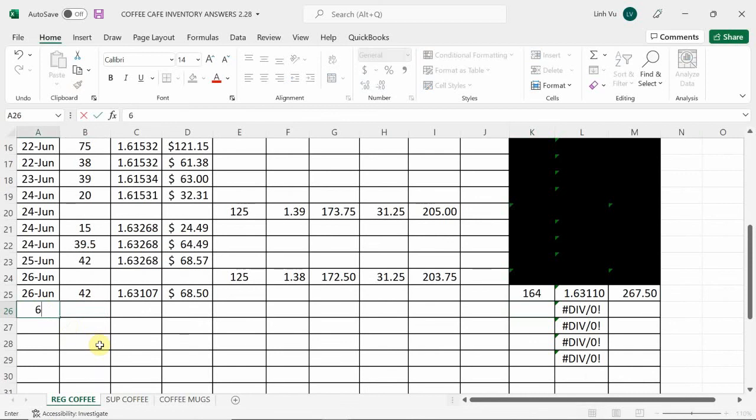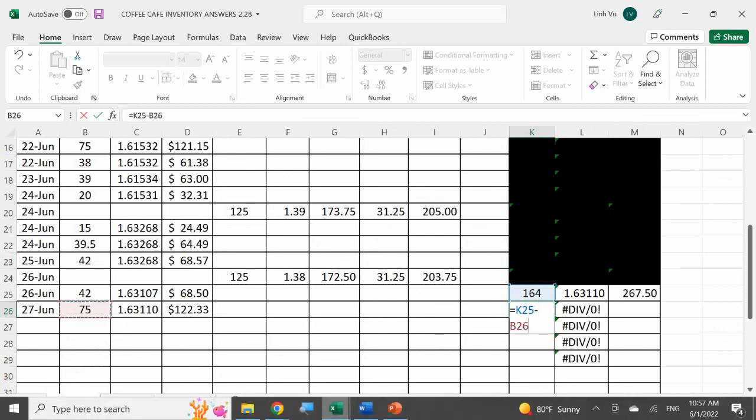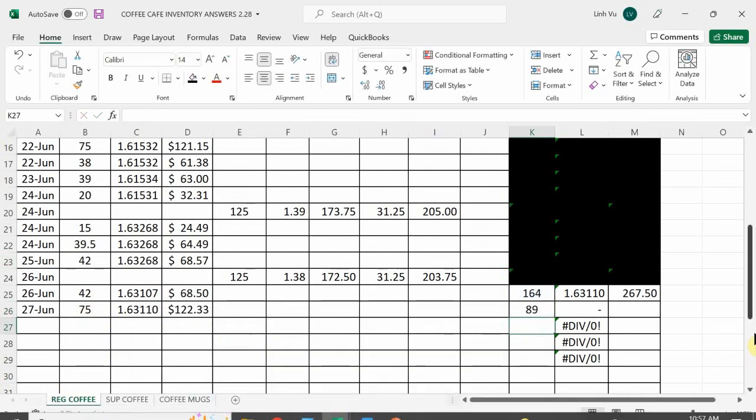So regular coffee. We sold 75 pounds. Right now, it is currently at $1.69, and because we sold 75 pounds of it, it gave me a grand total of $122.33. So that left me with 89 pounds remaining.